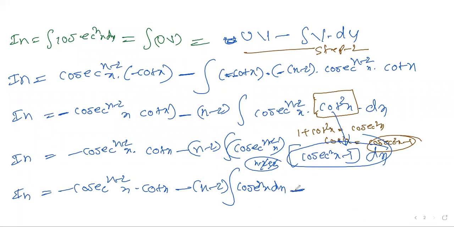Then minus into minus gives plus, because here the minus will come. Minus n minus 2 into this, next minus n minus 1 into this one. So plus n minus 2 into the integration of cosecant power n minus 2 x dx. Still no problem at all, no doubt about anything. It was very clear, I told you. Clear?